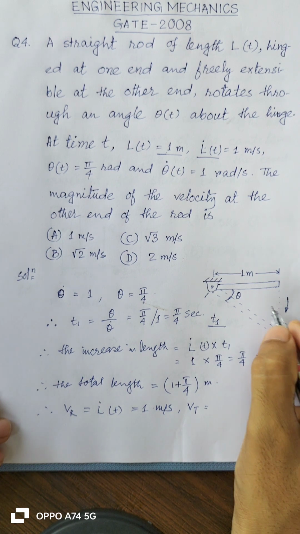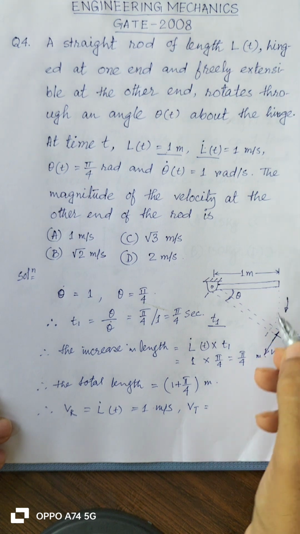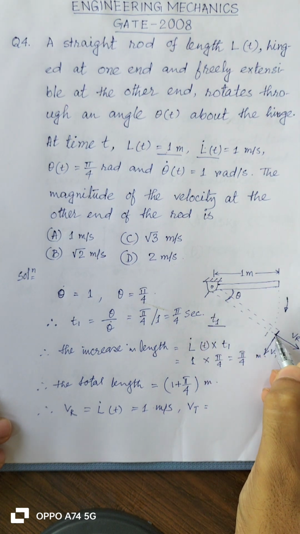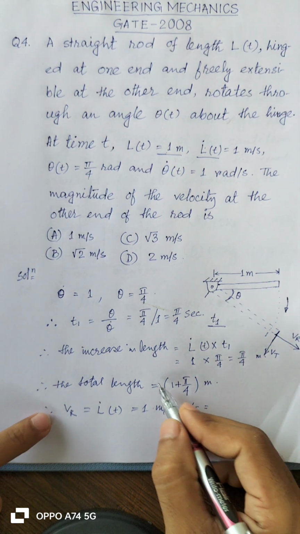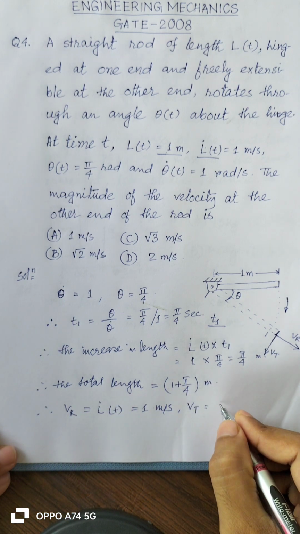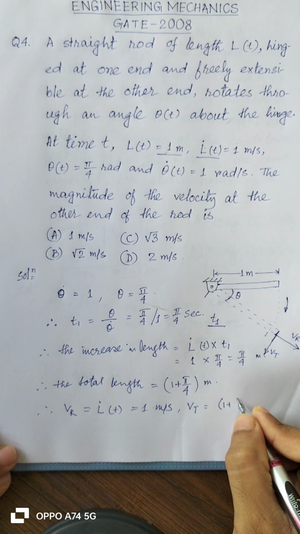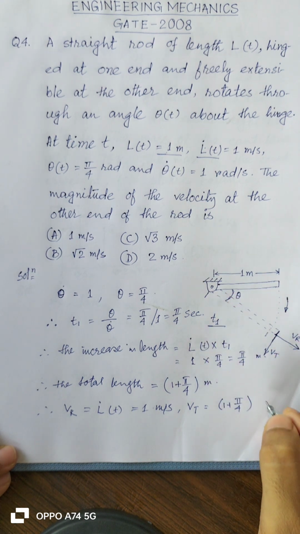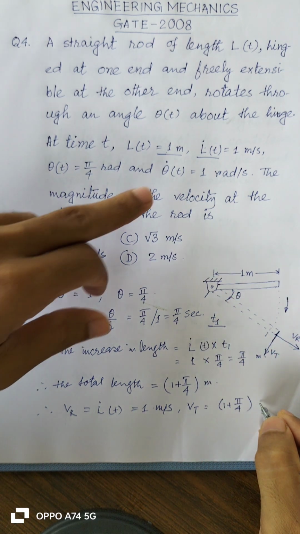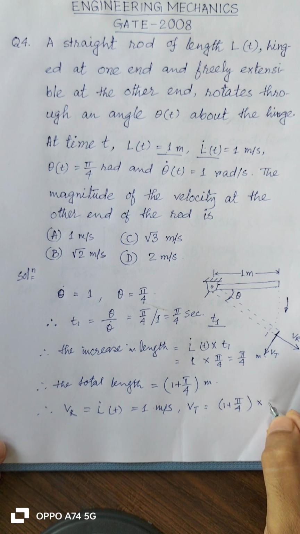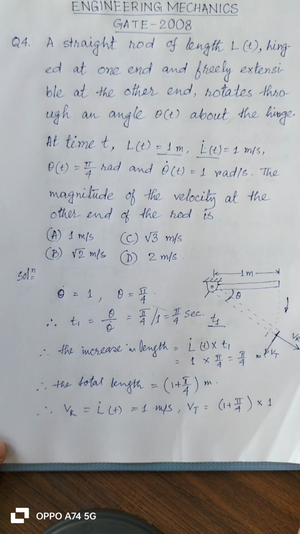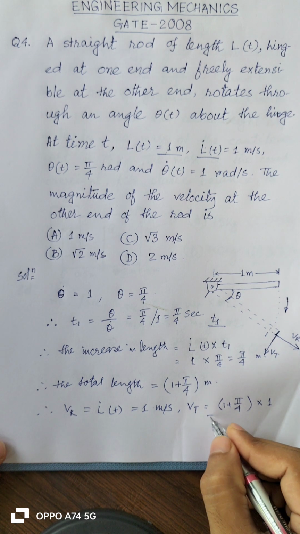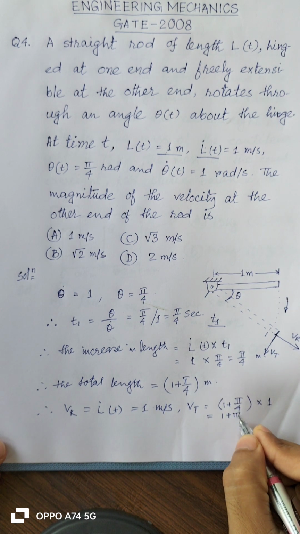So what is omega? Omega is theta dot, and R means this total length. So 1 plus pi by 4, this is the R at this position, and omega, that is nothing but theta dot, so that is 1. So 1 plus pi by 4.